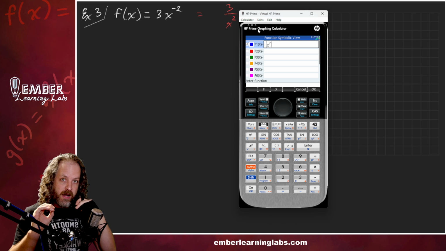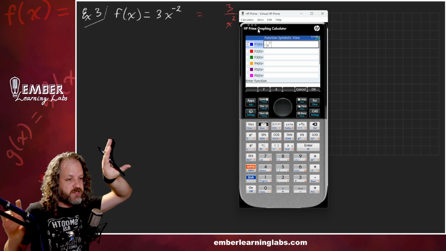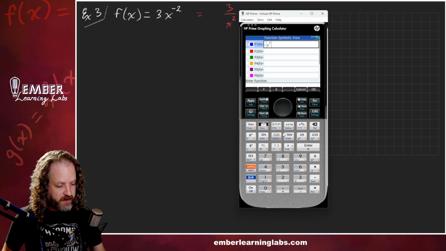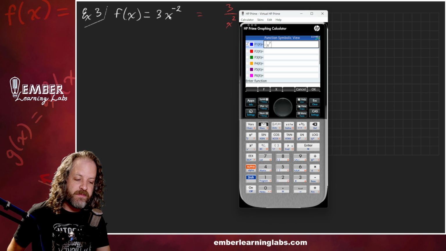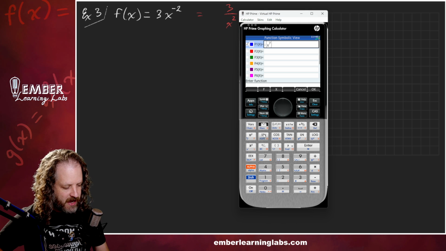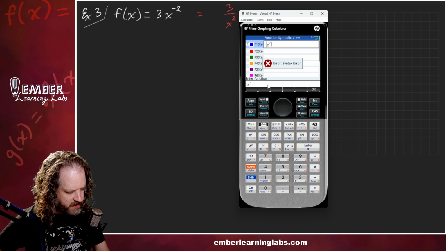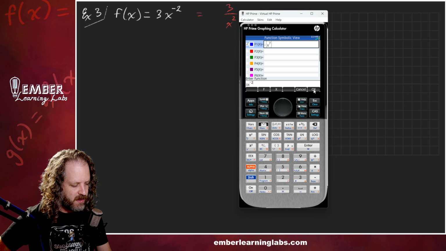It's a negative 1. 1 is odd, and it has pieces in opposite directions. So maybe on this one, there are going to be pieces going in the same direction. Think about that as we push this in there. It's going to be 3 and then x to the negative 2. Oops. Yep, syntax error because it didn't type the 2 for some reason.